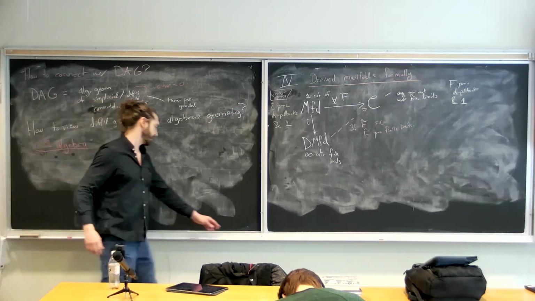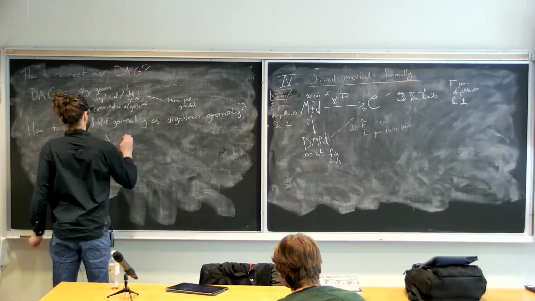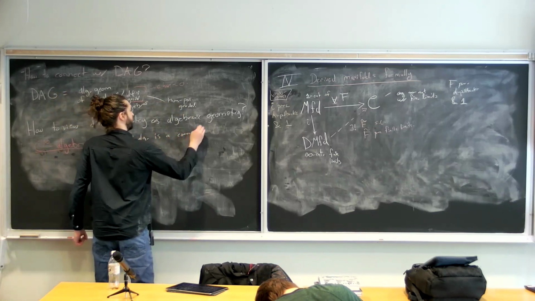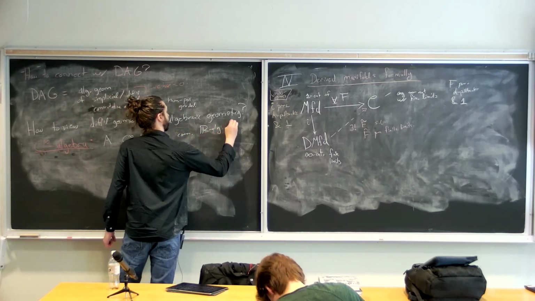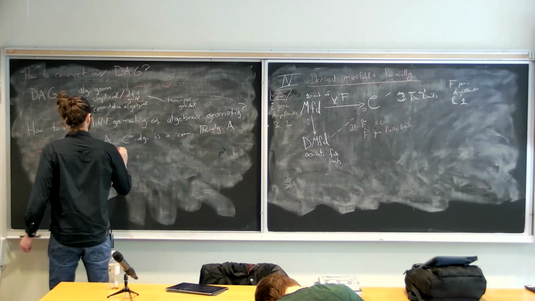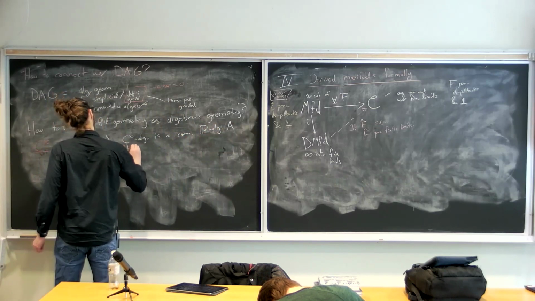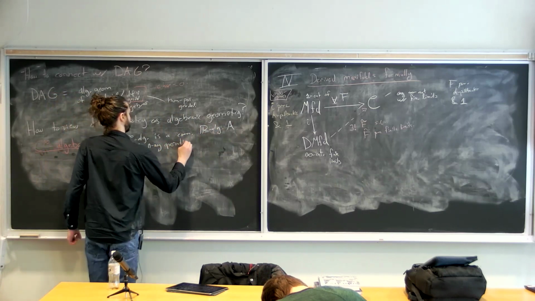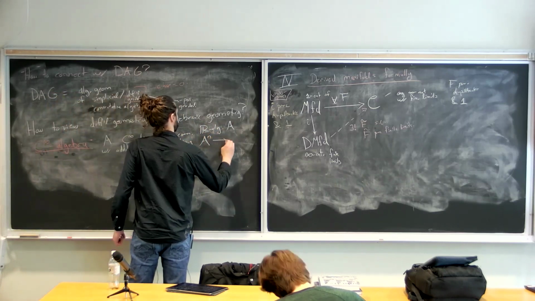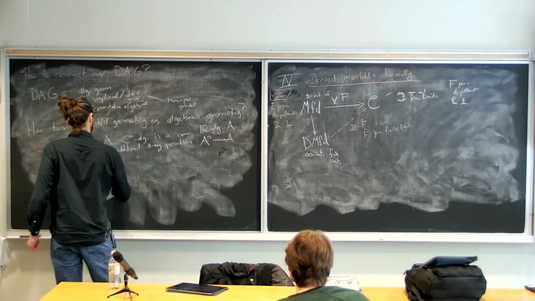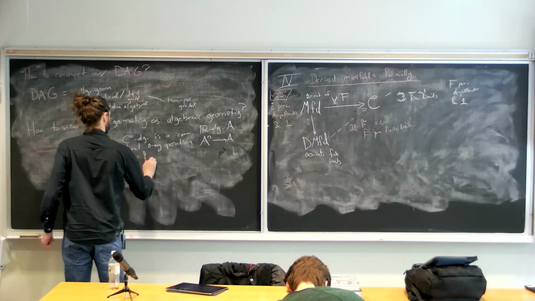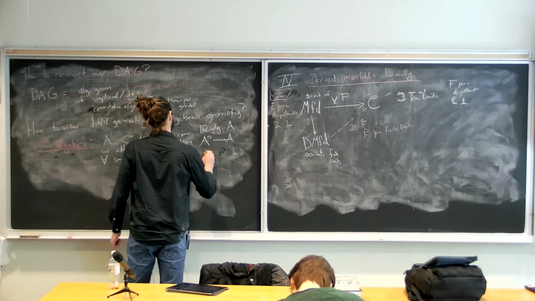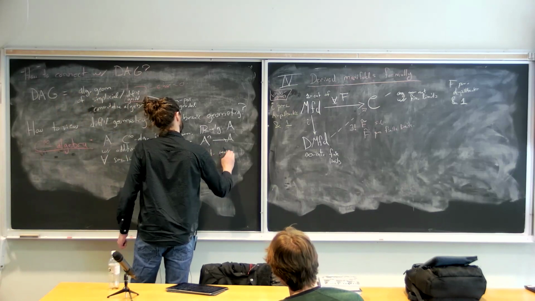So first, heuristically, a C infinity algebra is a commutative R algebra, A, with additional n-ary operations, say A to the n to A, for all smooth functions from R^n into R, with, of course, natural compatibility between them.